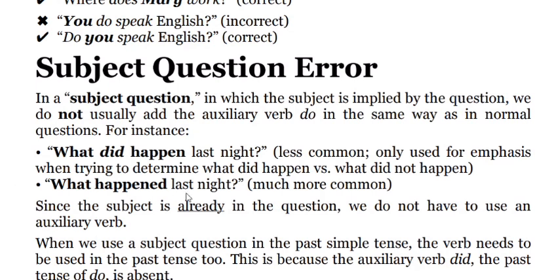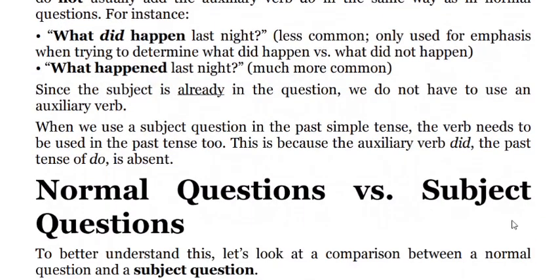Much more common. Since the subject is already in the question, we don't have to use an auxiliary verb. When we use a subject question in the past simple tense, the verb needs to be used in the past tense too. This is because the auxiliary verb "did," the past tense of "do," is absent.